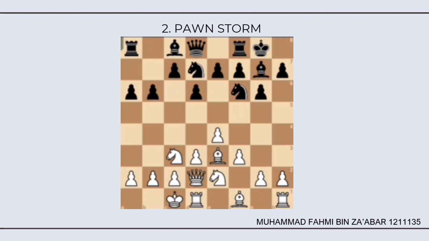When I say a pawn storm, that means we have to start moving these two pawns, the g2 pawn and the h2 pawn, towards the castled king.